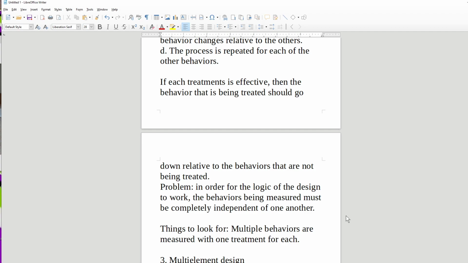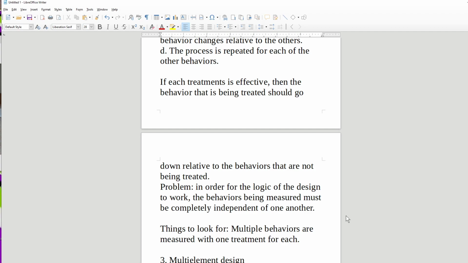Okay, the multi-element design is, well, sort of like the reversal design. During each time period during the research, one treatment is introduced for one behavior, and the behavior is measured.